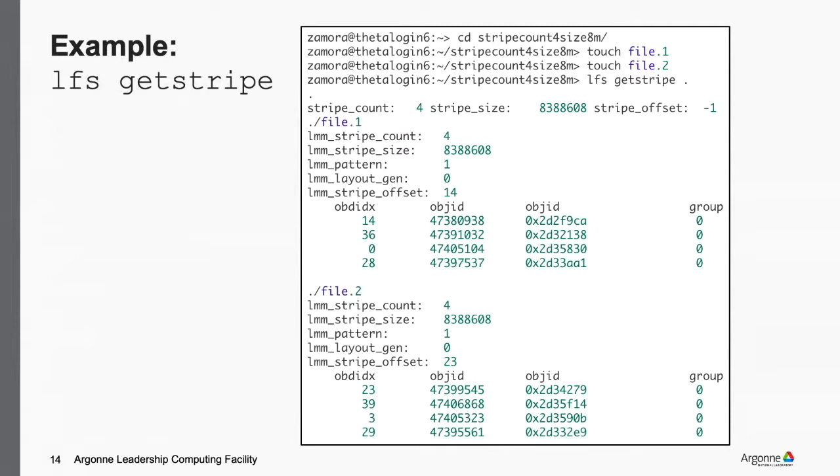If the file settings weren't given during creation, they'll be inherited from this folder. But if there's any question, just run getstripe on the file. It'll tell you the settings. It gives you more details, like, for instance, we set a stripe count of 4, so here it's allocated 8 megabyte chunks. Here's where they are. These are more details that you don't need. The main thing is the count and the size.